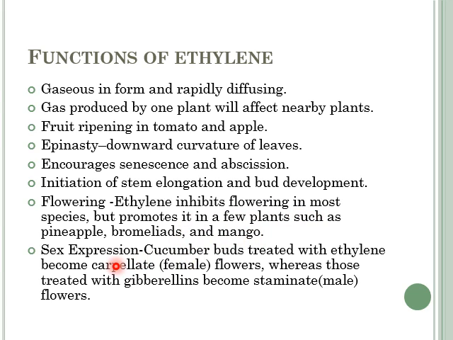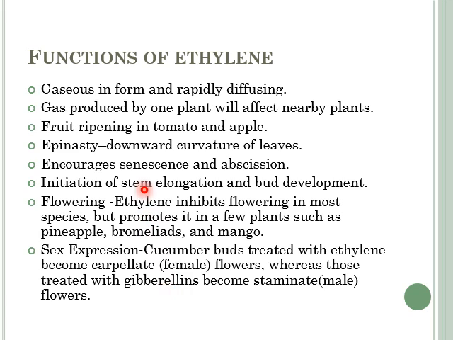Next is sex expression. Cucumber buds treated with ethylene become carpellate, that is the female flowers, whereas those treated with gibberellin become staminate, that is the male flowers. So ethylene helps in the expression of female flowers, whereas gibberellin helps in the expression of male flowers.